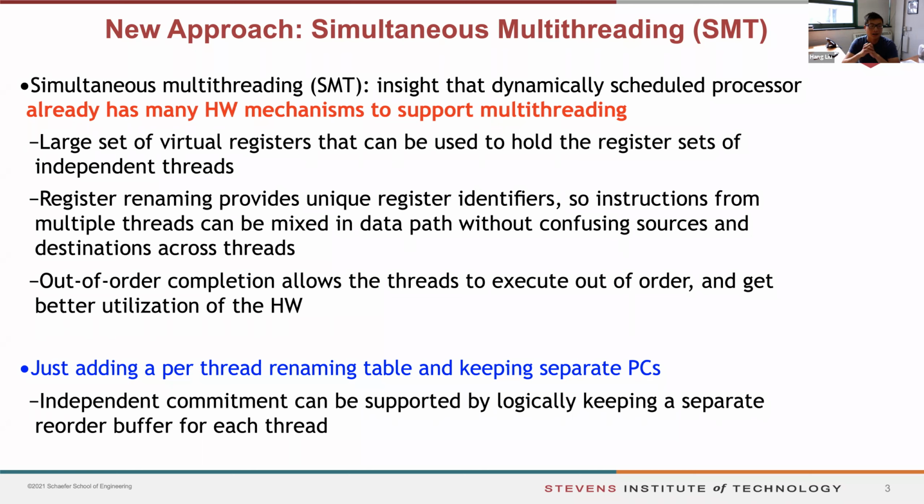That includes a large set of virtual registers, and we also provide register renaming for different threads, and we do out-of-order execution for different execution streams. So in order to support multi-threading, we only have to add a per-thread renaming table and keep separate pieces for different threads to keep track of their own status and move on independently, right?